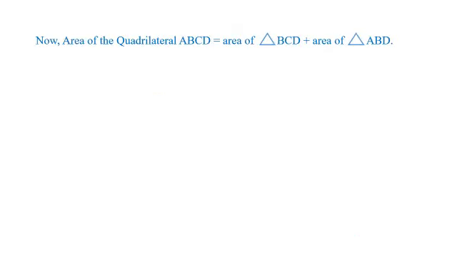Now from equation 1 we have the area of the quadrilateral ABCD equals area of triangle BCD plus area of triangle ABD. We already got the area of triangle BCD and area of triangle ABD separately, so let us just substitute it here. So the area of the quadrilateral ABCD equals 30 plus 35.496, which is equal to 65.496.